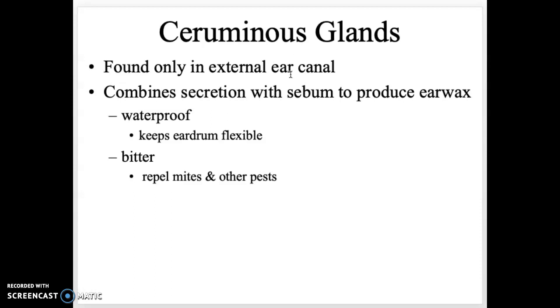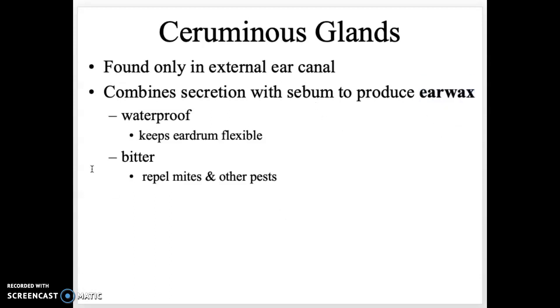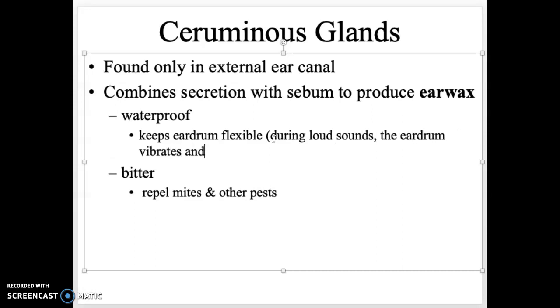Ceruminous glands are earwax. As gross as earwax is, it's really important to keep the eardrum flexible. During loud sounds, the eardrum vibrates, and it needs to be flexible or it will shatter. Earwax is also really bitter, so mites and other pests do not like it.